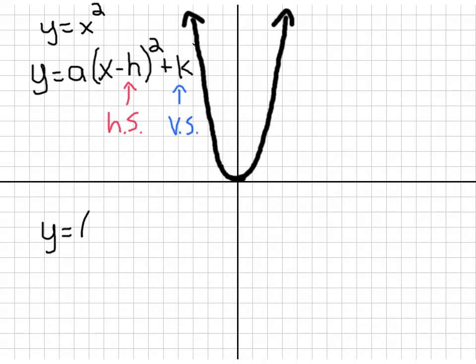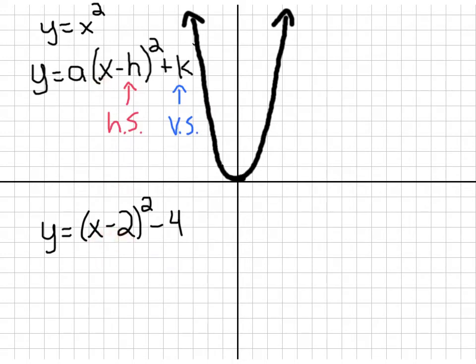We'll write one here. y equals x minus 2 squared minus 4. Okay, so what we want to determine here is we've first got to identify what our h is. Now up here it says x minus h, and right here we have an x minus 2.